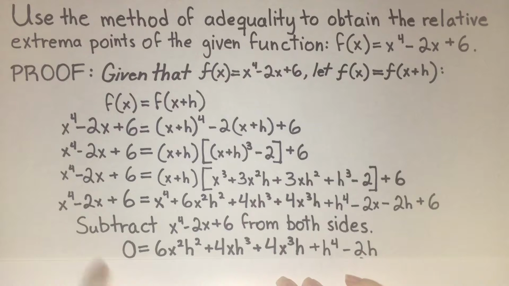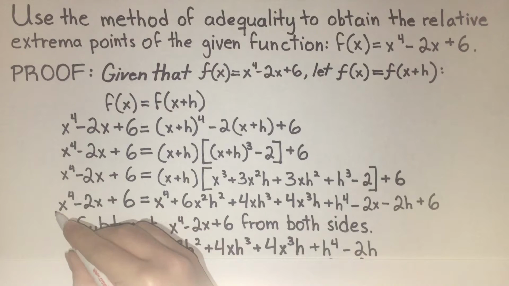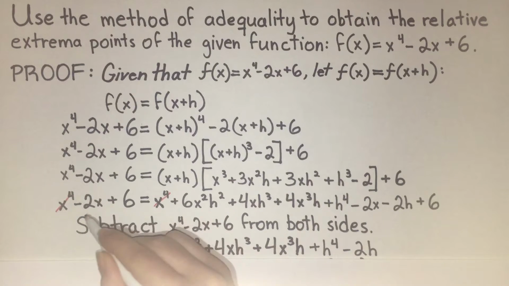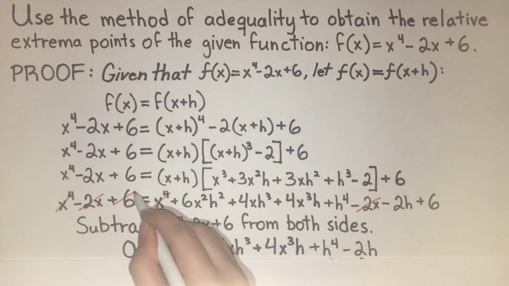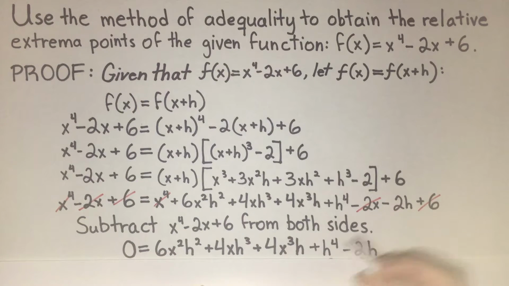So we subtract these values from both sides, and we have 0 is equal to 6x squared h squared plus 4x h cubed plus 4x cubed times h plus h to the fourth minus 2h. Basically, we subtracted x to the fourth, 2x, and 6 from both sides.